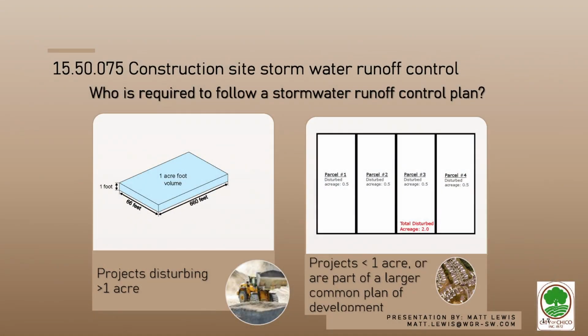All projects that disturb soil could be subject to the construction site stormwater runoff control requirements. Projects which are subject to these requirements include, but are not limited to, and this is mainly what an ESCP plan will fall under, projects that disturb 1 acre or more and are part of a larger common plan of development, or projects which disturb less than 1 acre, which is usually an ESCP plan.